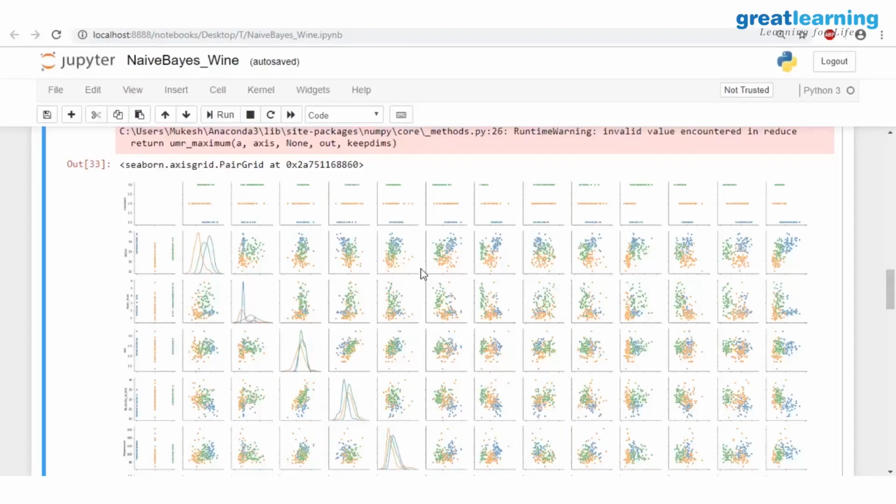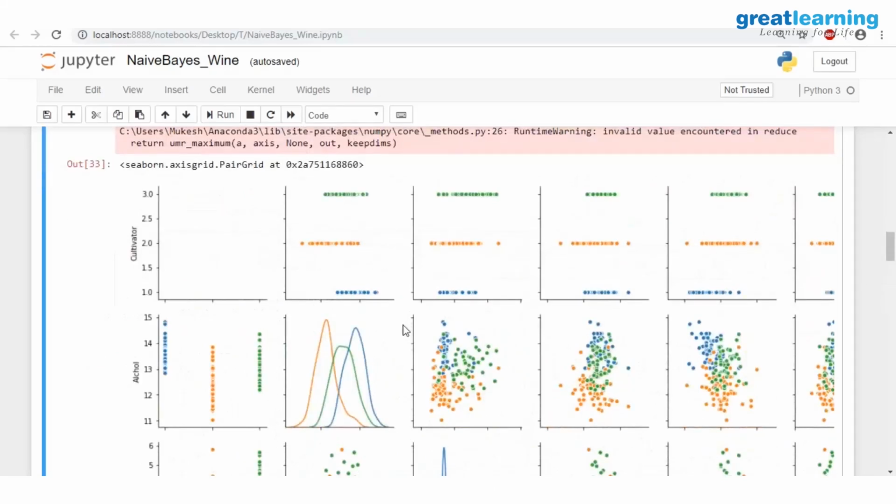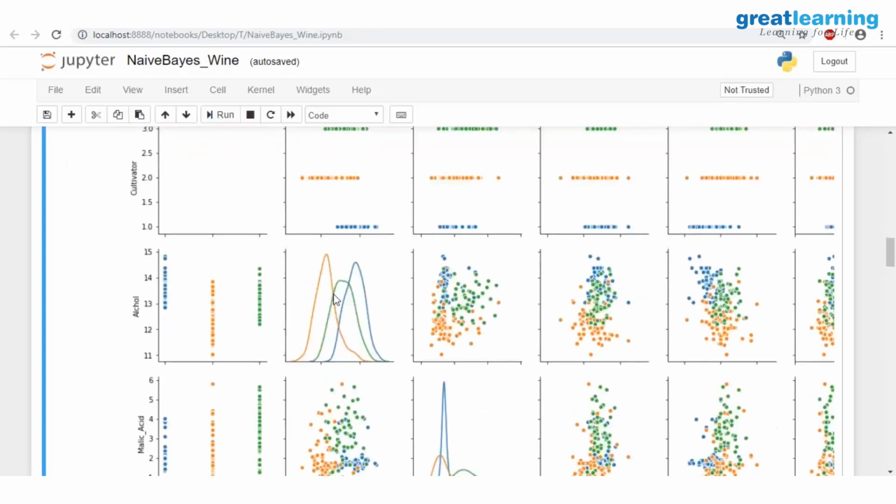Okay, let's move on. So let's see this pair plot. There you go. Always look at the diagonals first. In the diagonals, the first column is the category, the target column, so we can ignore this. This is the category of the 3 cultivators, people who cultivate.